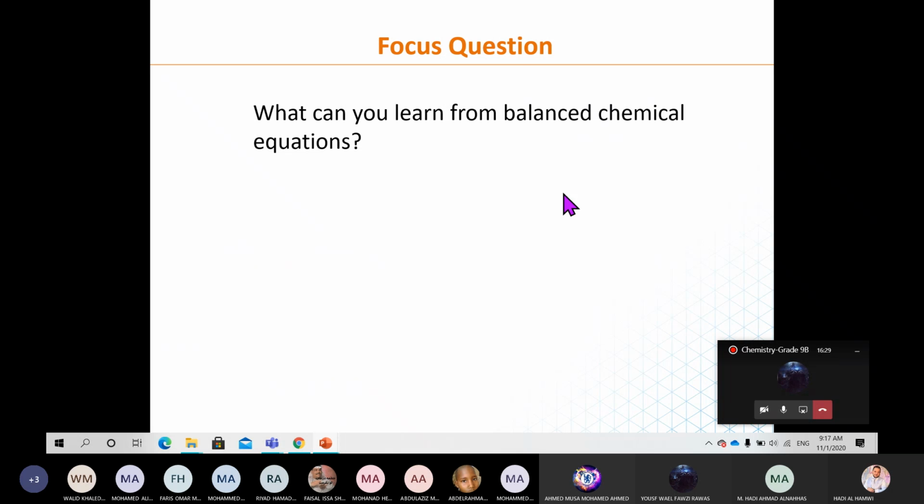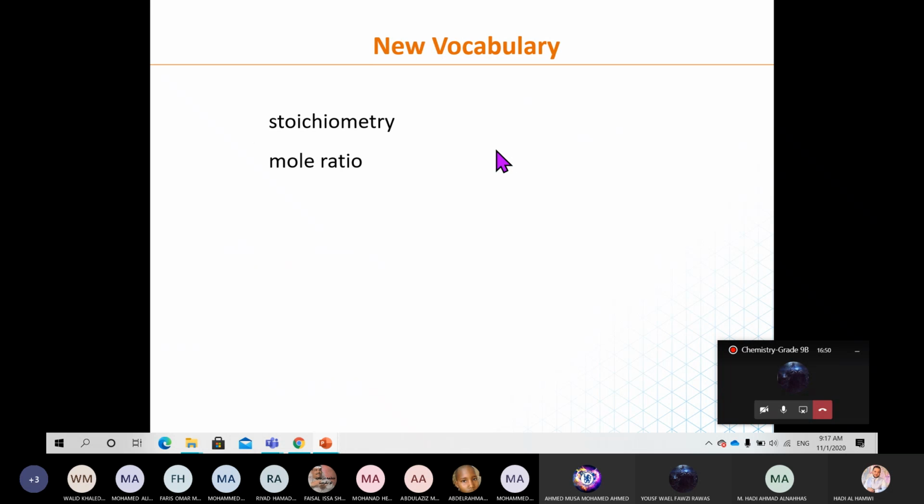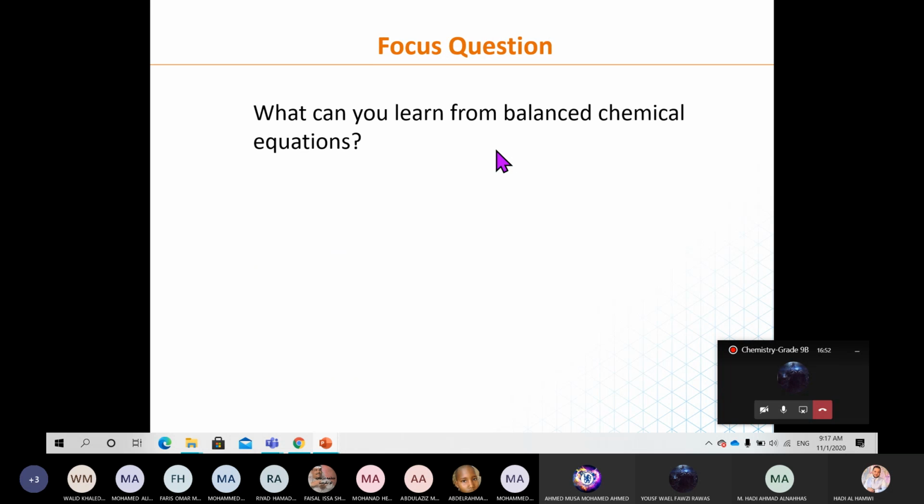So we learned before about the balanced chemical equation. If you remember in grade 7, you took the chemical equation and how we balance it. We said the number of atoms in the reactants should be equal to the number of atoms after.